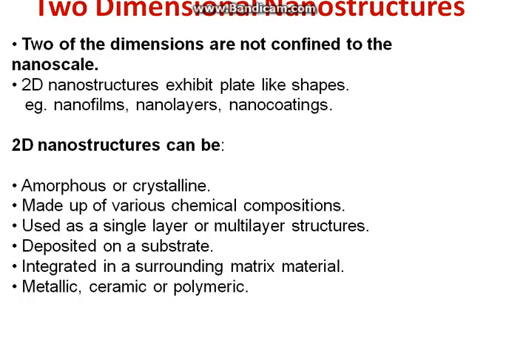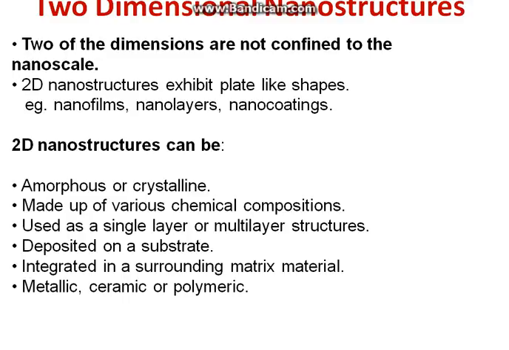Okay, so that brings me to the third type of nanomaterial, which is the two-dimensional nanomaterial or the two-dimensional nanostructure. By definition, this would be a material in which two of the dimensions are not in the nanoscale, which means only one dimension is in the nanoscale. So you have to remember that we classify our nanomaterials into different types depending on how many dimensions are not in the nanoscale.